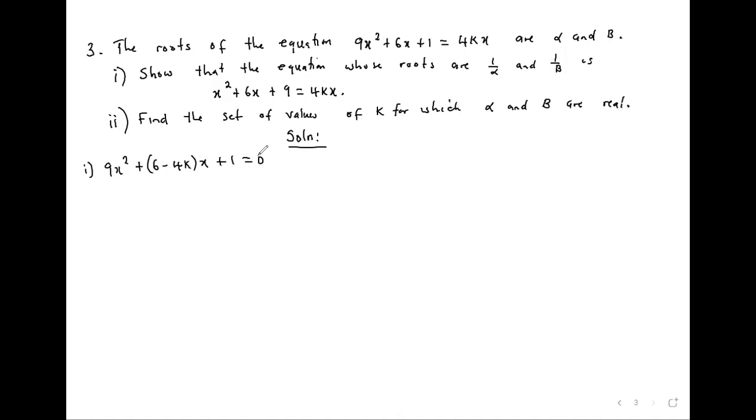How did it become 6 minus 4k? You take the 4k to the left. Then because x is common, you factor it out. Then it remains 6 minus 4k.